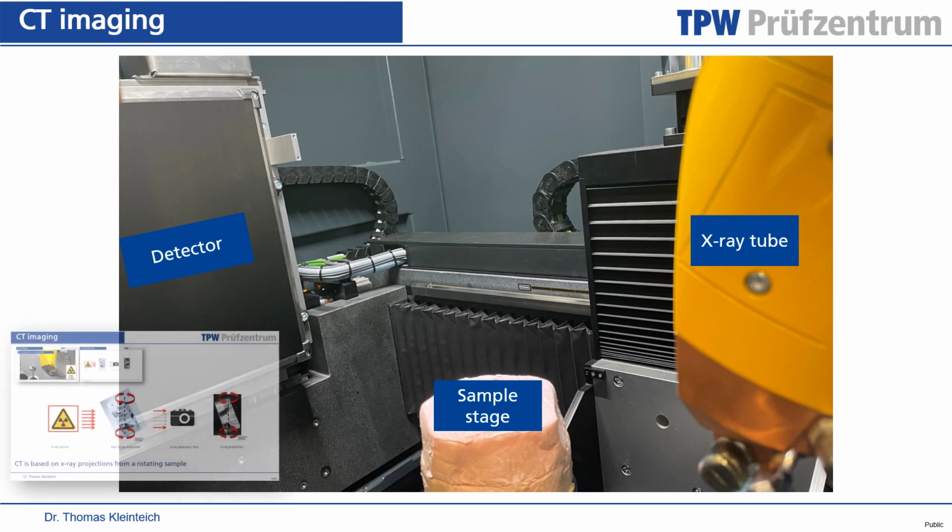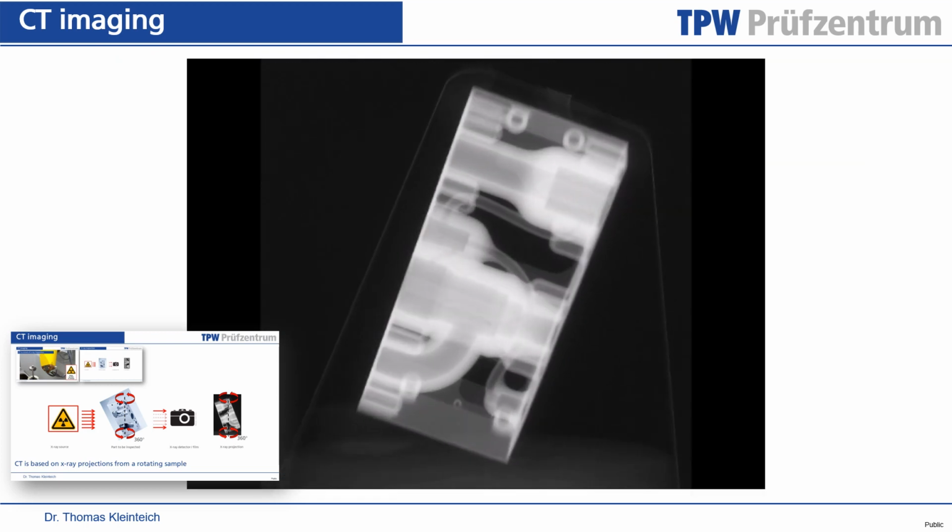And so remember, this is the setup that I showed you before. So we place the sample on the sample stage that is rotating, the X-ray tube is generating the X-rays, and the detector will capture the pictures of the rotating sample. And this will basically look like this.